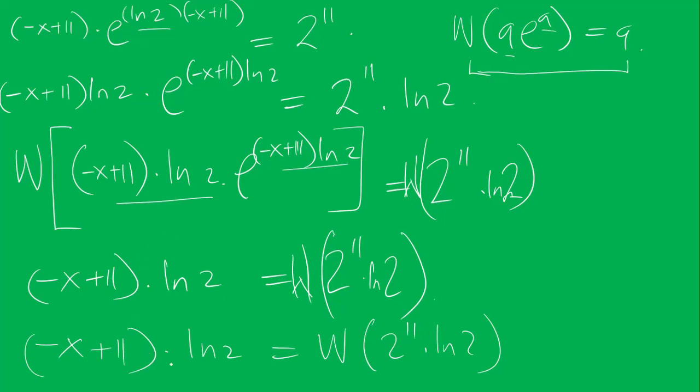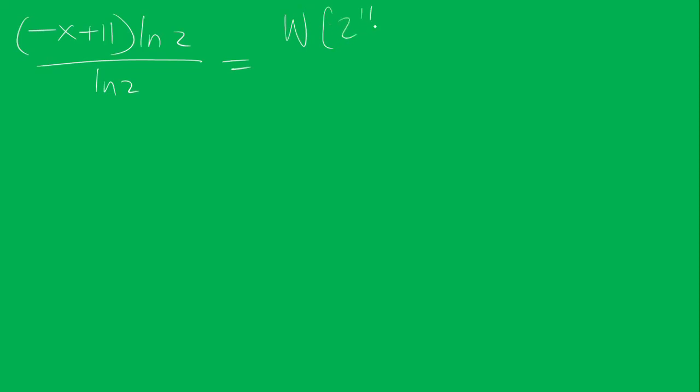So with this expression, what I will now do is divide both sides by natural log 2. You have minus x plus 11 times natural log 2 divided by natural log 2 is equal to W of 2 to the power 11 times natural log 2 divided by natural log 2.